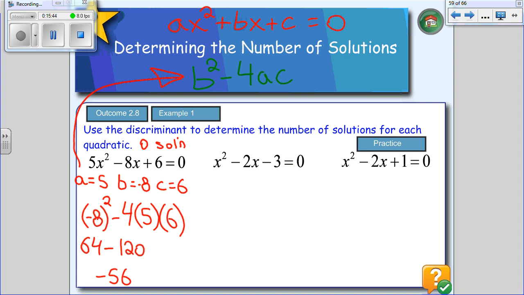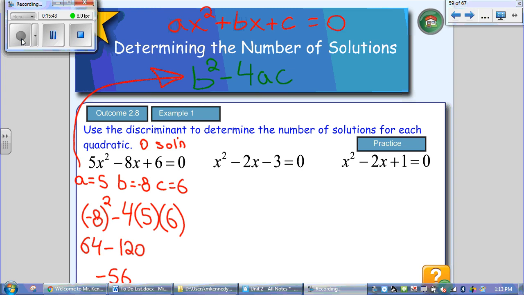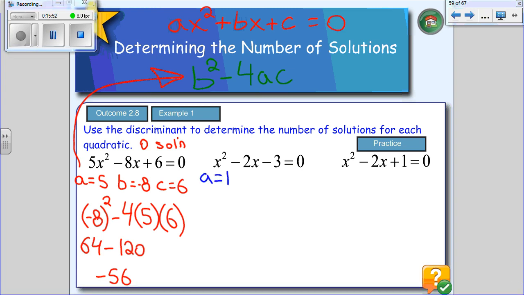The first question. A equals 1. Right? If there's no A value, it's 1. It's 1x squared. The B value is negative 2. The C value is negative 3. Putting that in, that means I have negative 2 squared minus 4ac.